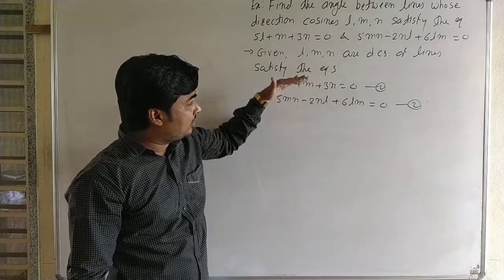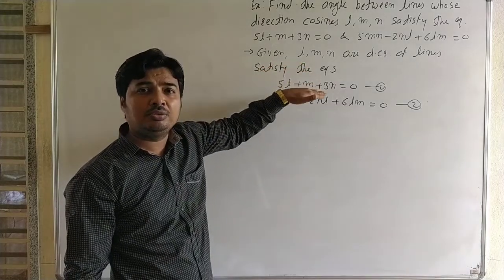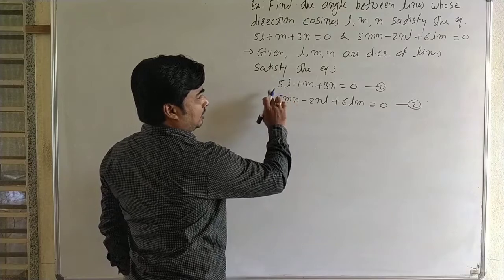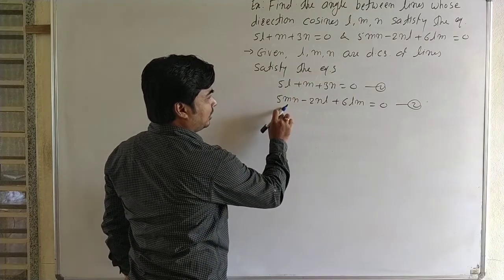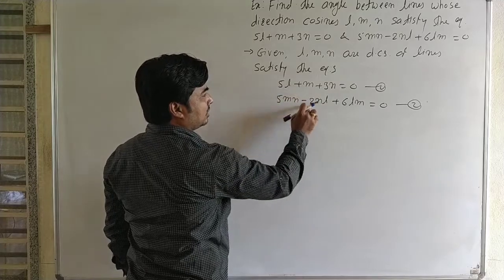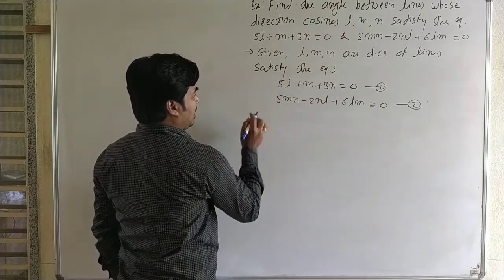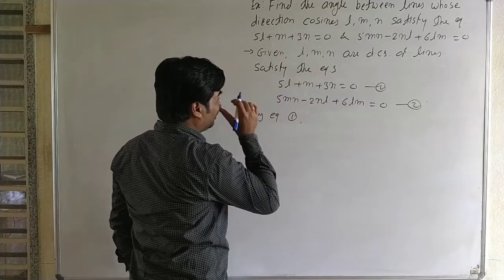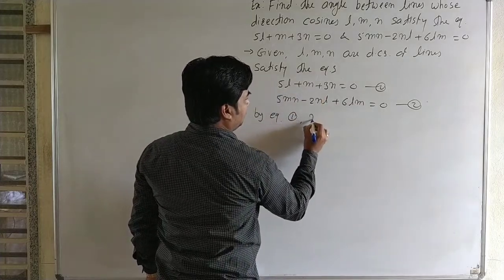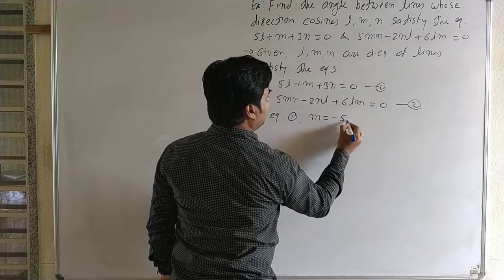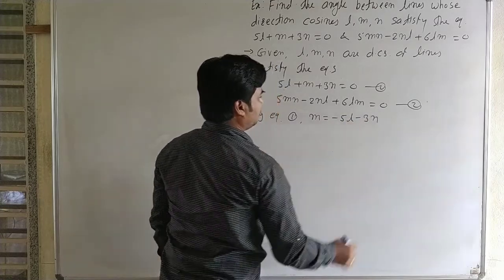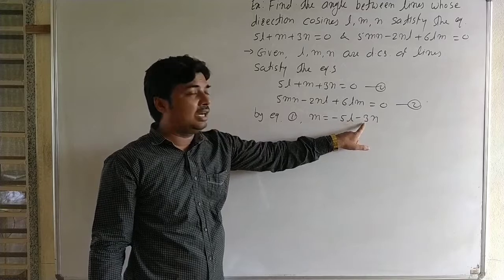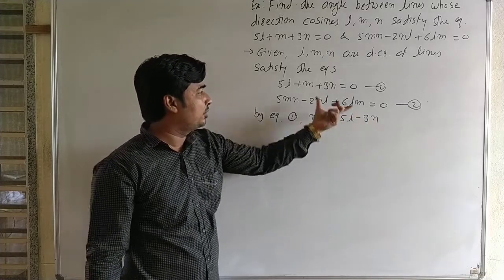Then find the value of any one variable and put it in the second equation. From equation 1 we can find the value of L, or M, or N, and put it in equation 2. Here by equation 1 we find the value of M, which is M is equal to minus 5L minus 3N. And this value we put in equation number 2.